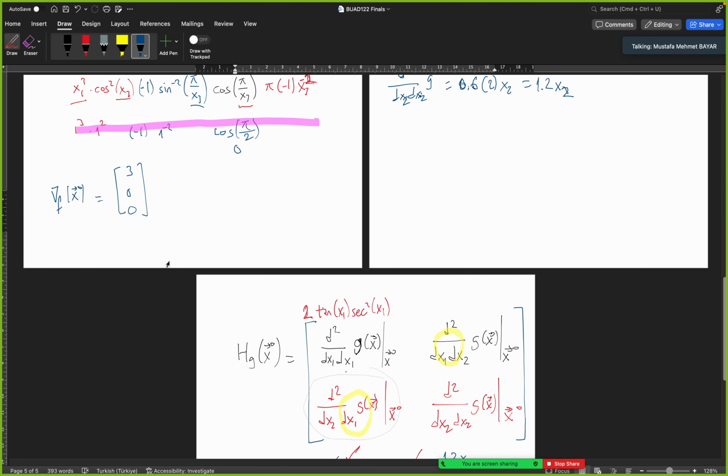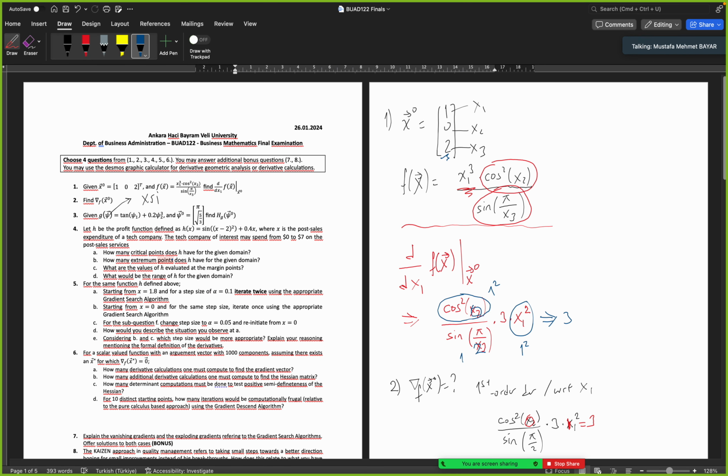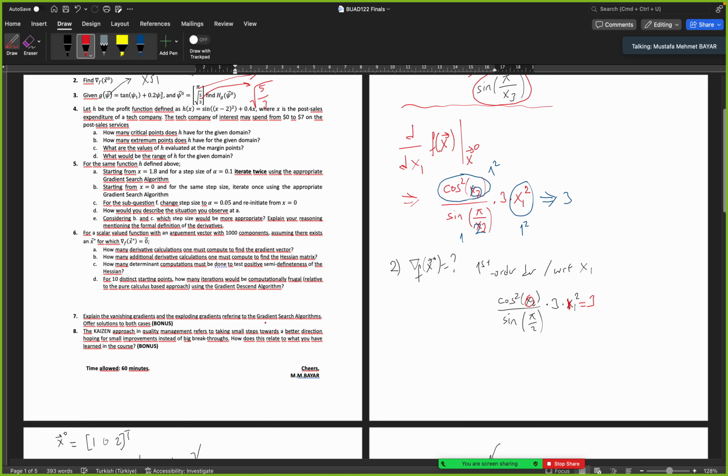Let me just check the question and get the values for them. The first value for x1 is going to be pi, and the second one is going to be the square root of 5 over 3. So let me just plug in these values.